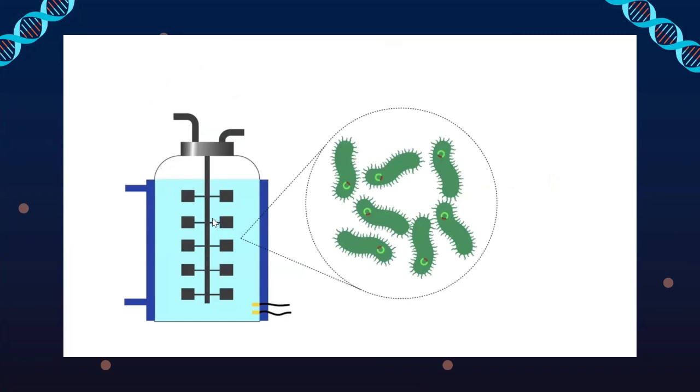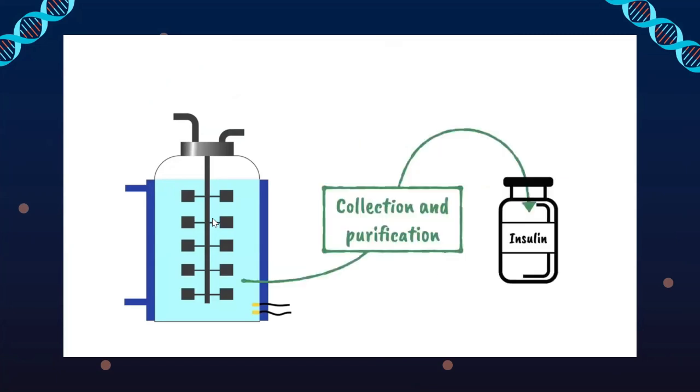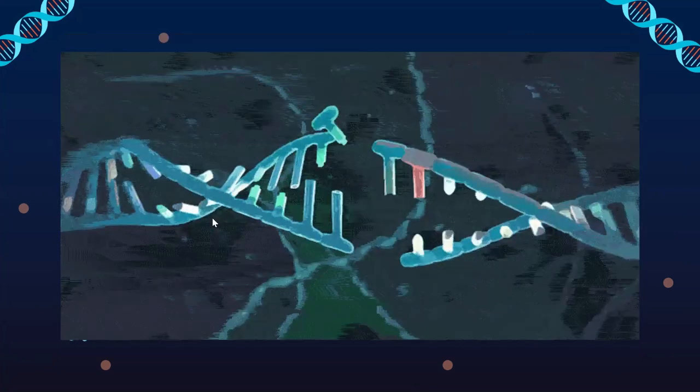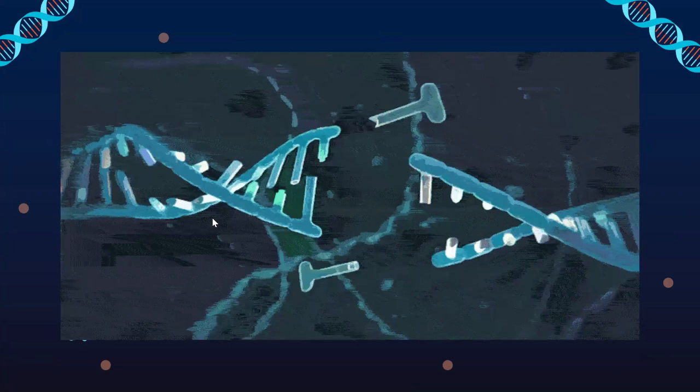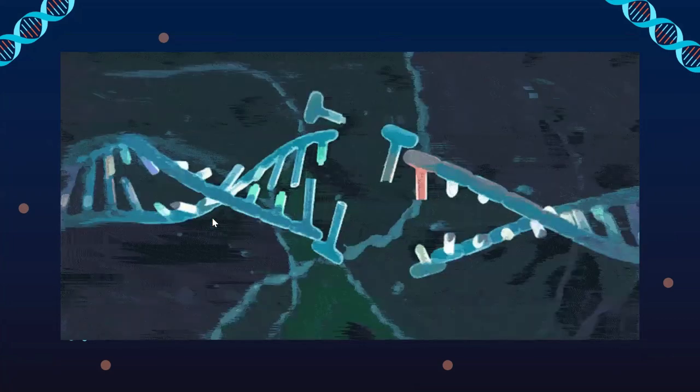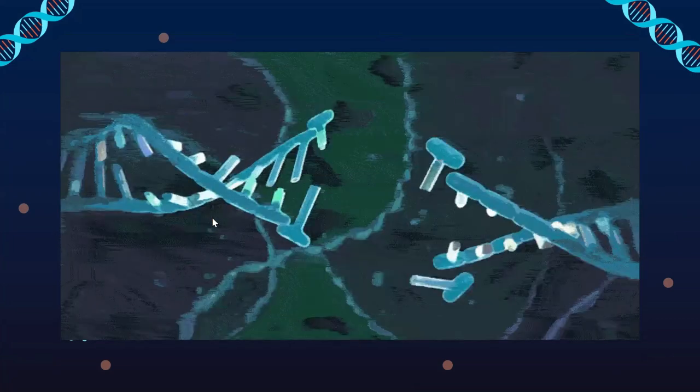Itong tank na to allows them to replicate many times all while producing po lots of human insulin, based on the genetic instructions na kinuha natin doon sa human. Okay, so yung insulin na yun can be collected and purified and bottled ready for human use. Ayan. So ganun po yung nangyayari natin sa ating restriction and modification.